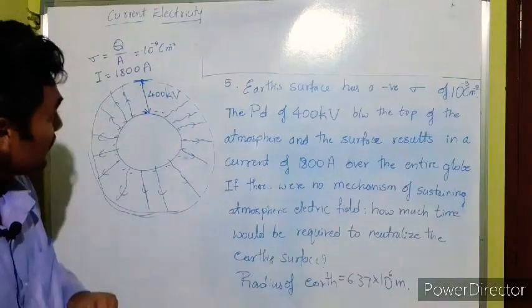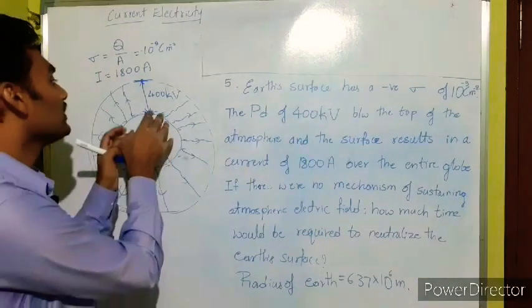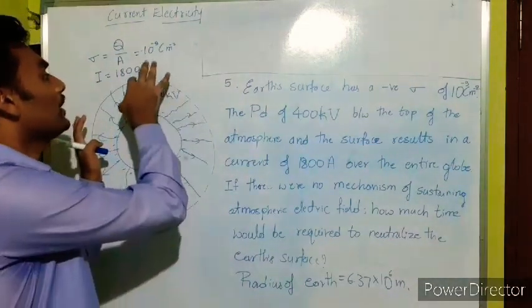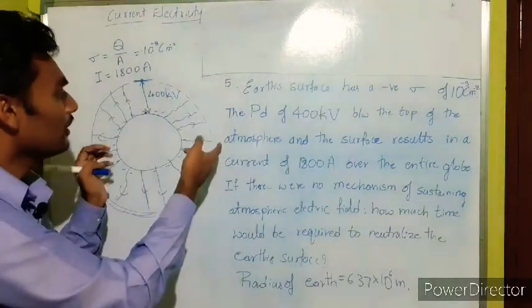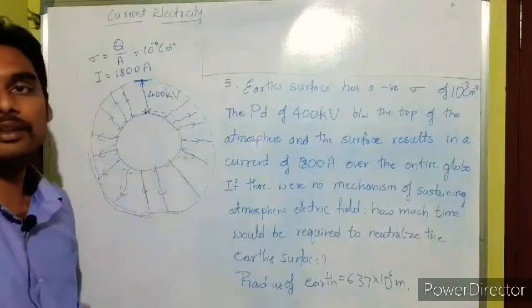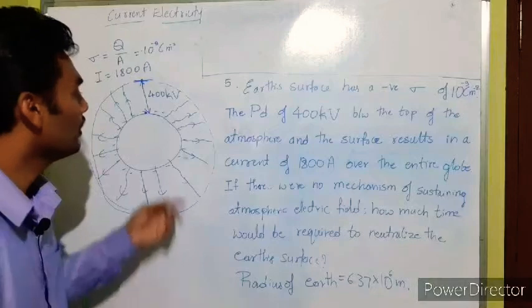Now, if this is the situation, in some time all the charges should move and deposit on the top of the atmosphere, and hence the earth should get neutralized, which means earth should become zero charged.